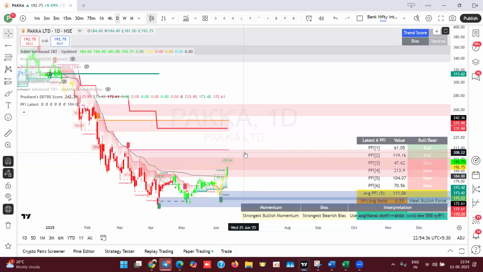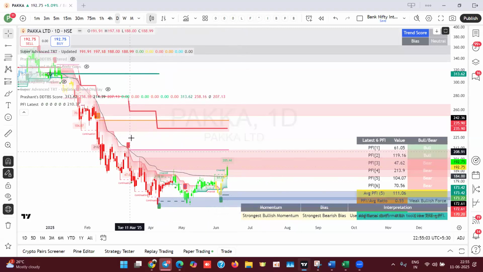At least partial profit booking should be done either at confirmation of swing high or at previous swing points like these two areas. If price comes up to this, that can be 204, 203, that can be used as a partial profit booking level, or up to this, that can be a partial profit booking level. There is this one up arrow, second one up arrow.